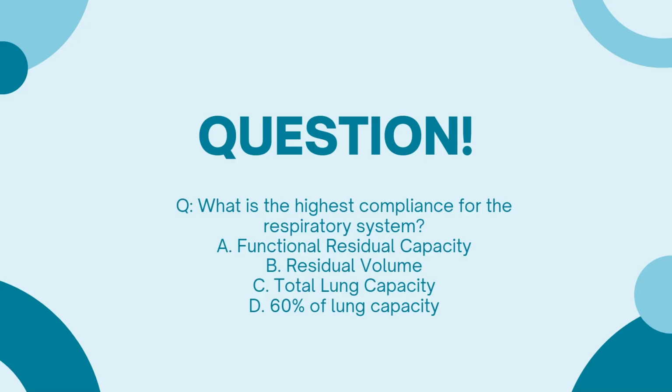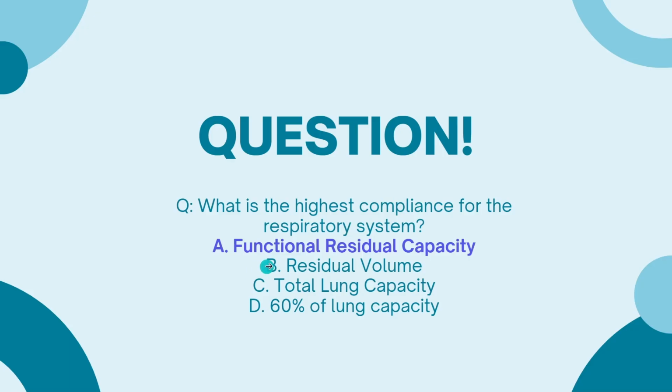Now, here is a question. What is the highest compliance of the respiratory system? What this question is basically asking is, at what range does the respiratory system find it easiest to stretch? And as we've been discussing earlier, it will be A, the functional residual capacity.